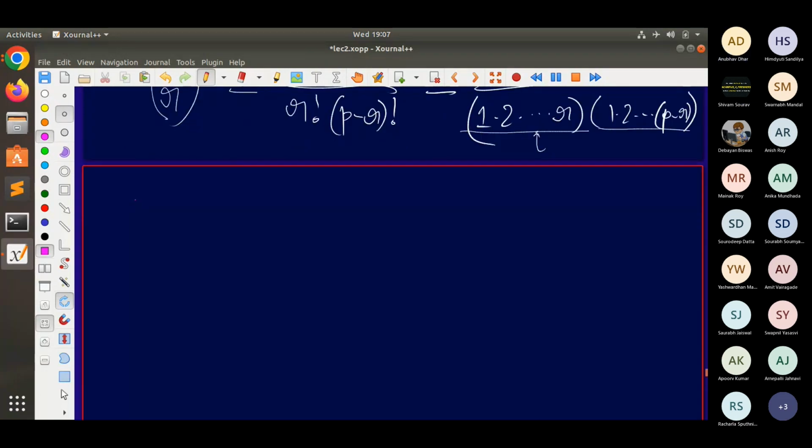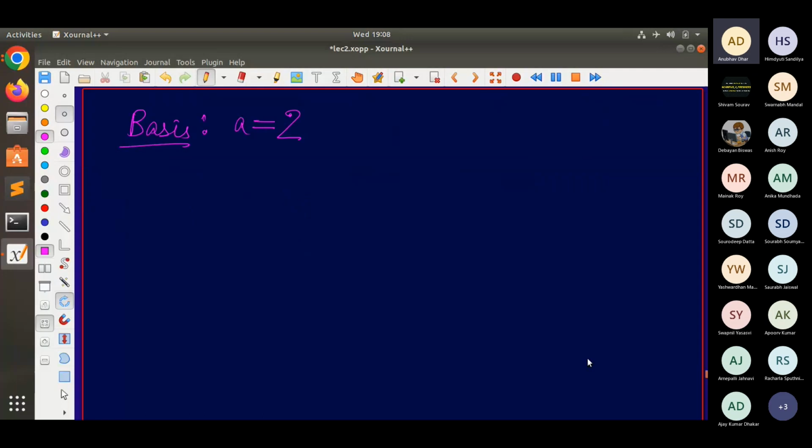Now we will do something like, okay, so the base case is a equal to 2. I hope everyone is familiar with induction, right? It was in class 12, I guess. Okay.